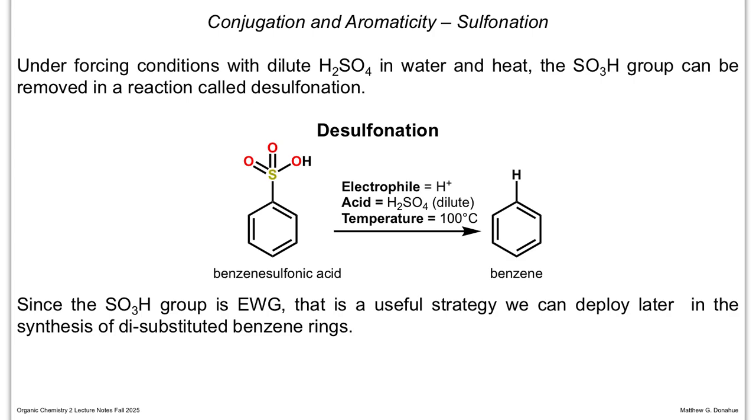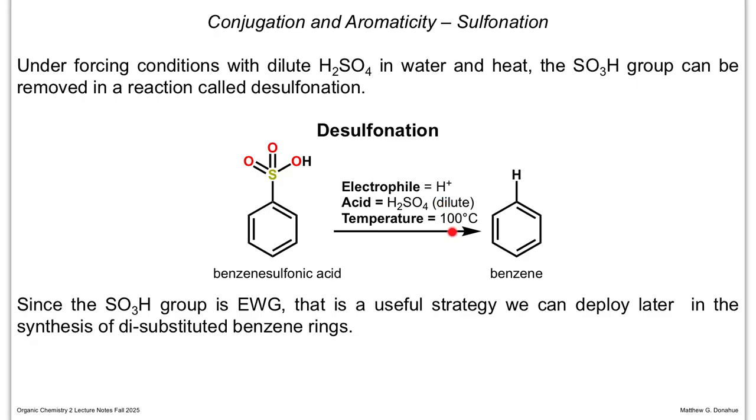So you can remove a sulfonic acid group by using sort of the same conditions, but a little tweaking. To put it on, we have to use fuming sulfuric acid. We can take it off with really dilute sulfuric acid and water.